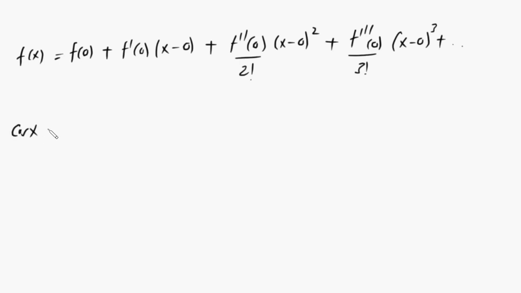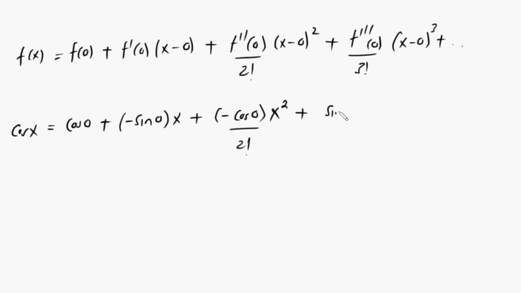So f of 0 is cos 0, plus negative sin 0 times x, since x minus 0 is x, plus negative cos 0 over 2 factorial times x squared, plus sin 0 over 3 factorial times x cubed, plus the fourth derivative, cos 0 over 4 factorial times x power 4, and so on, right?